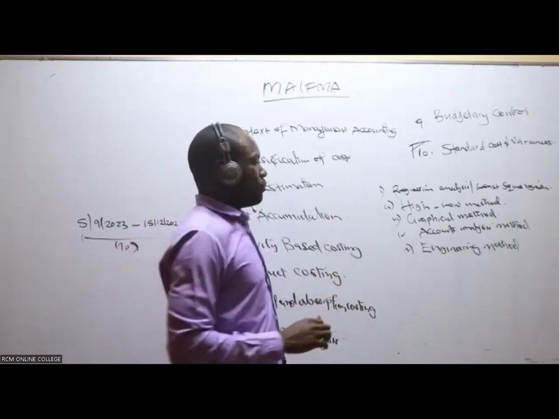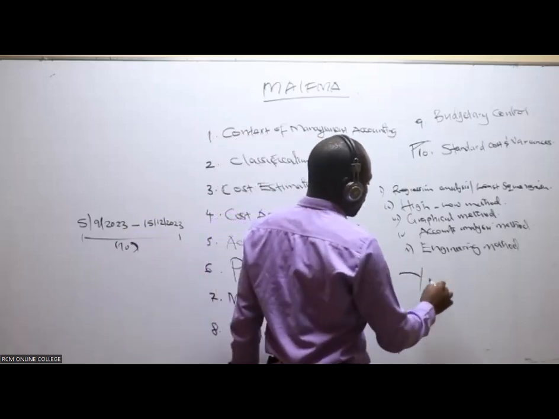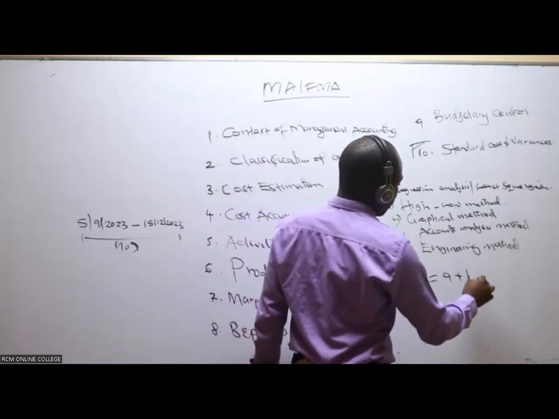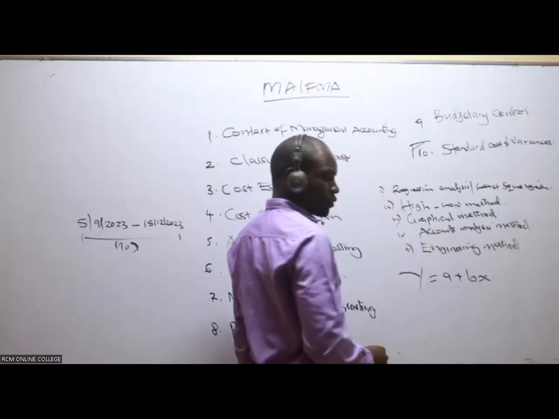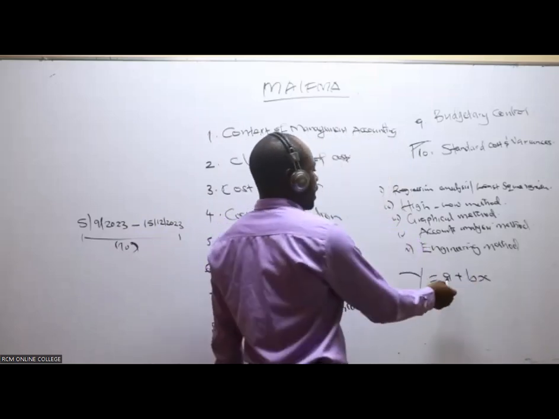In the cost estimation, this is the introduction part of it, where we normally have only one independent variable. And the final output of all this is y equal to a plus bx.